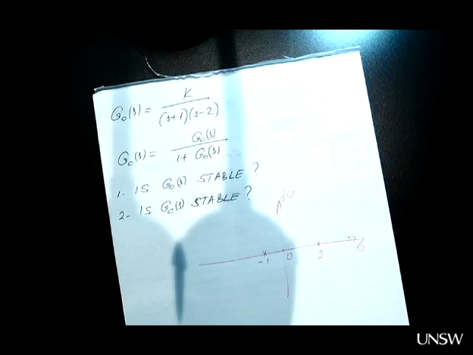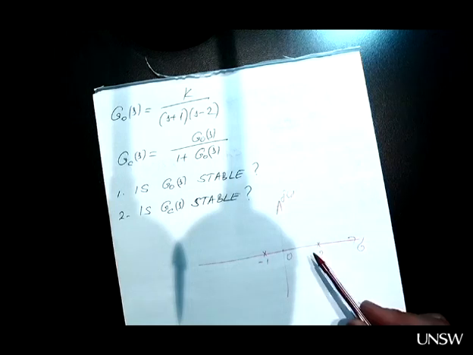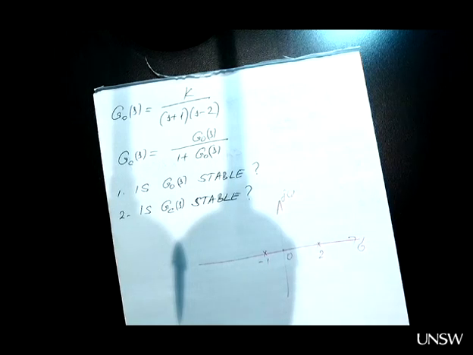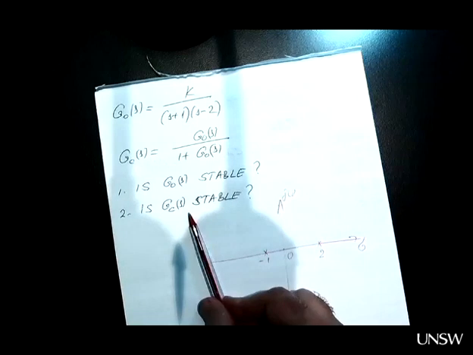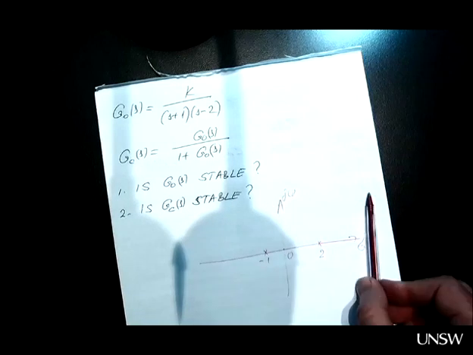Both poles are on the real axis, but because one is positive. The fact that they are on the real axis means only one thing, that we'll have exponential behavior, non-oscillatory. Apart from that, you look whether all poles are on the left-hand side. It takes only one pole to be on the right-hand side to make the system unstable. And that's the case here.